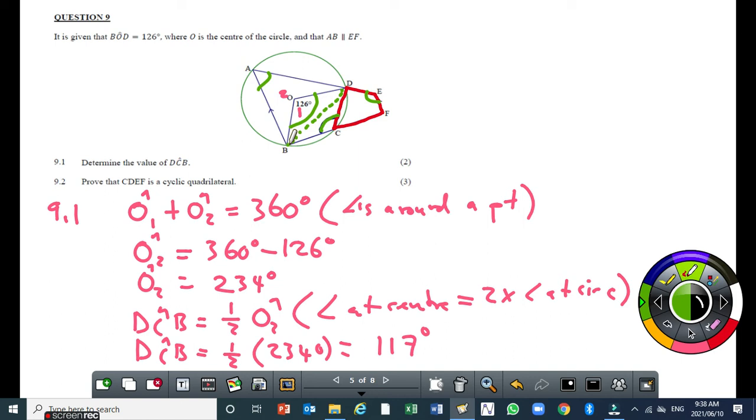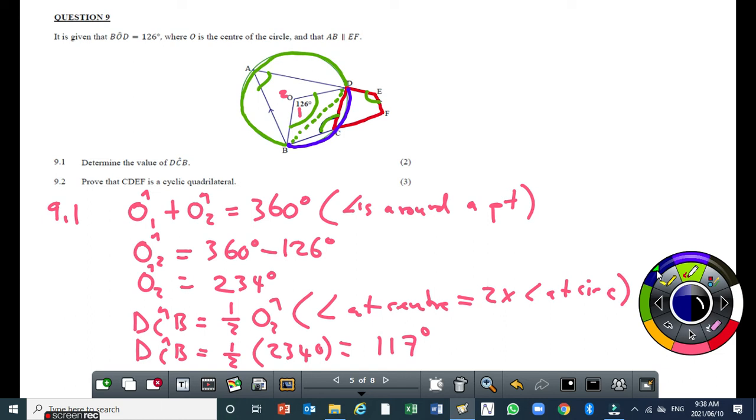And this angle here, the reflex, is 2 times angle DCB, because they are both subtended by the same arc. The same arc will be the major arc, which is that one. That arc subtends both angles. Also, O1 and angle A are subtended by the same minor arc, from here all the way up to there. Alright, let me carry on.